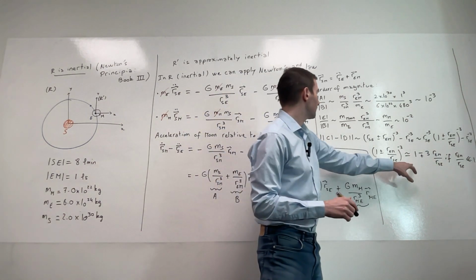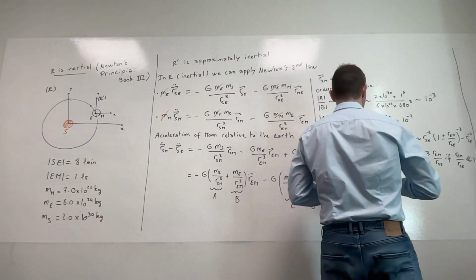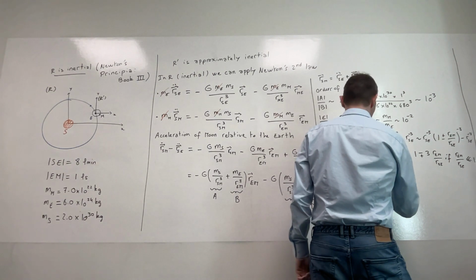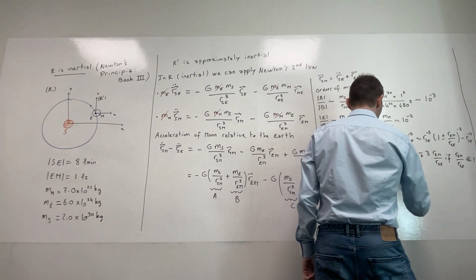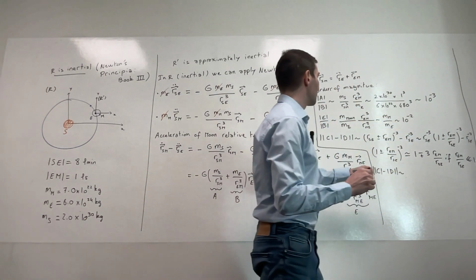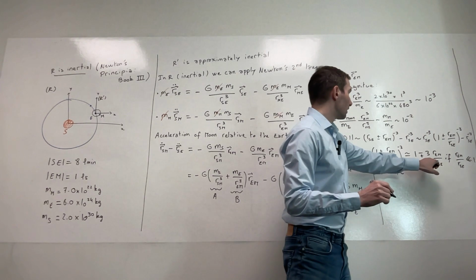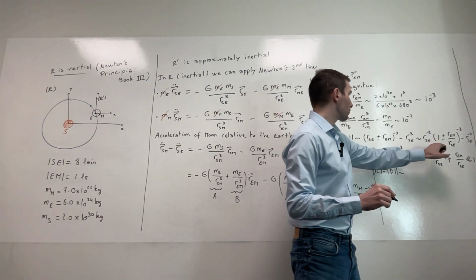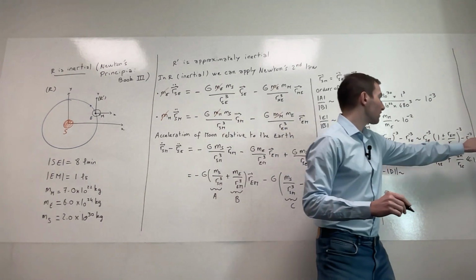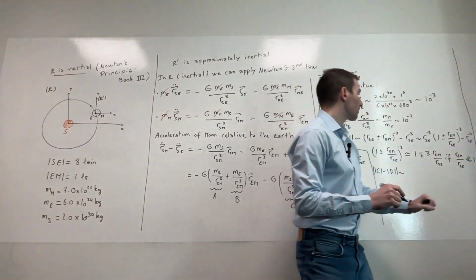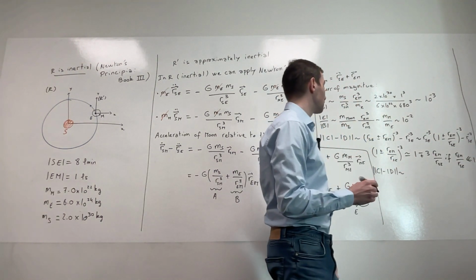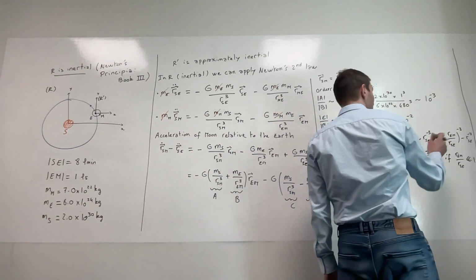And so what I get in the end is that this C minus D is going to be something like this: RSE is going to be multiplied by 1, but then subtracted by the same guy. So nothing really is going to happen here. So these are going to cancel out.